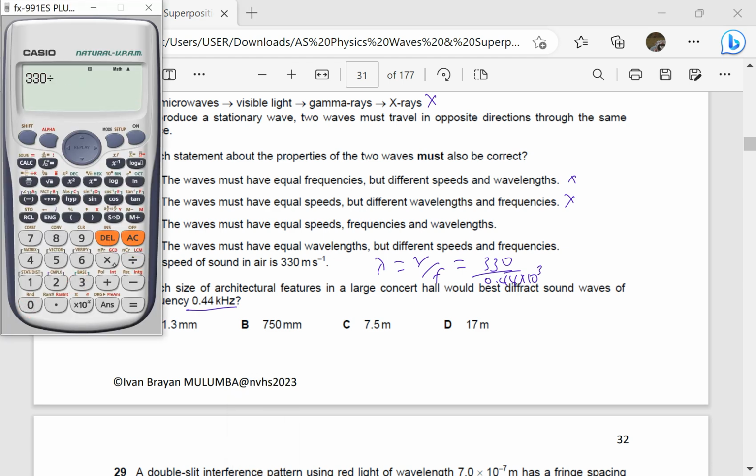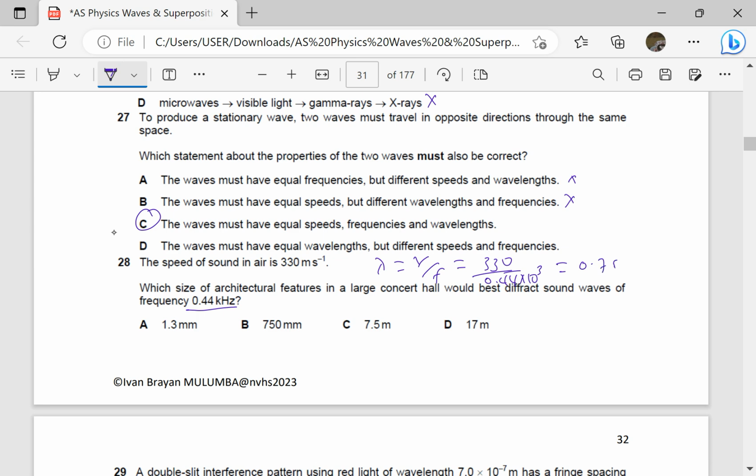330 divided by 0.44 times 10 to the power 3. So that is 0.75 meters. So the wavelength is 0.75 meters. The wavelength should be of almost the same order as the diffraction gap.